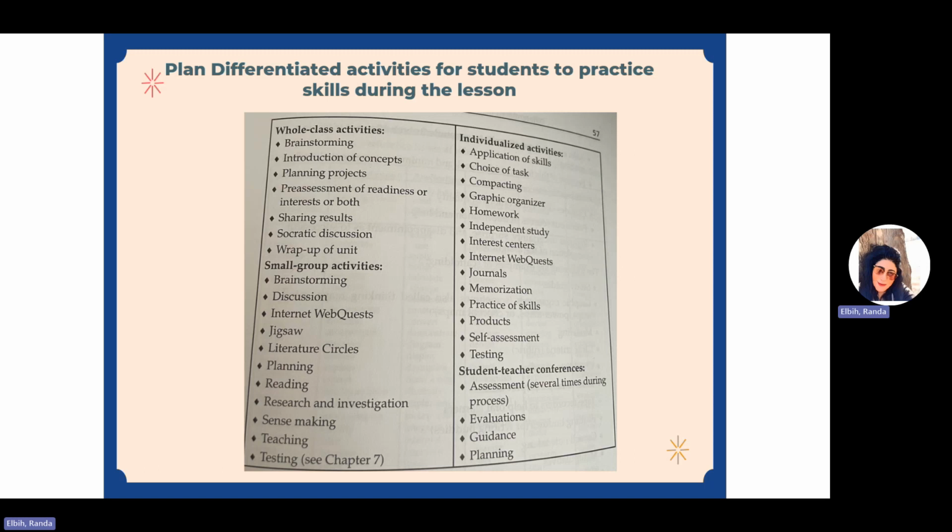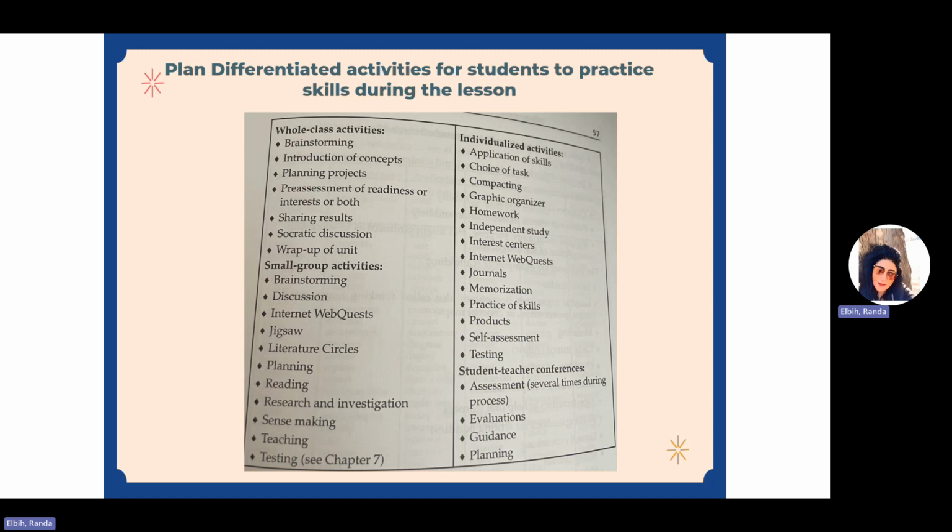And the small group activities, this is very strategic because you can place students in these groups based on different cognitive abilities. We all know of the zone of proximal development, which is how close the students are towards achieving the goals of learning, right?